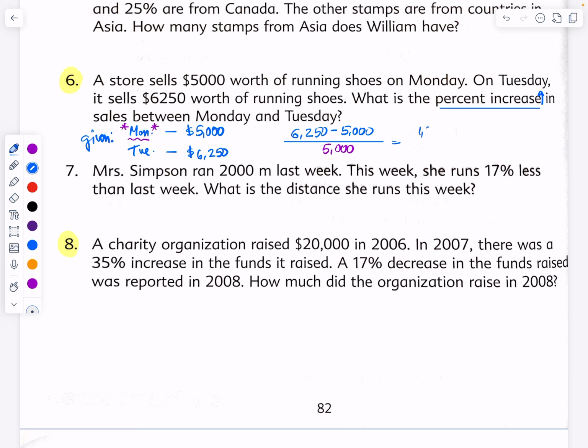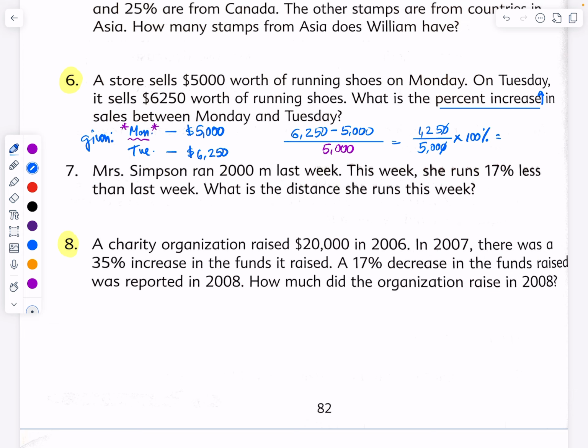So we can calculate the difference is 1,250 running shoes more, divide by 5,000. Simplify before, and of course we express it as percentage by multiplying by 100%.